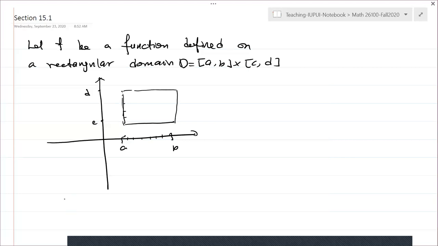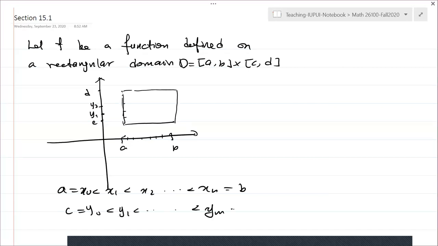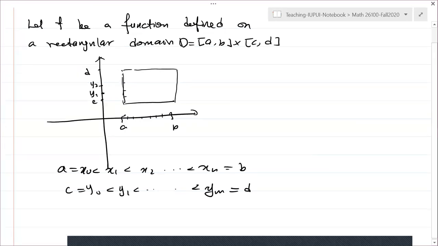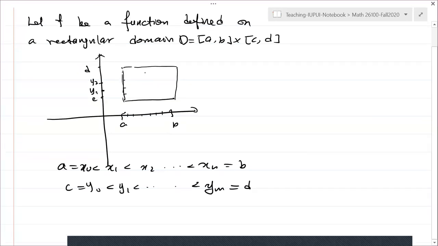So here's a partition: a equals x0, x1, x2, up to xn, that's b. Then I also have y0, y1, up to ym, where y0 is c and ym is d. So we have a typical partition.